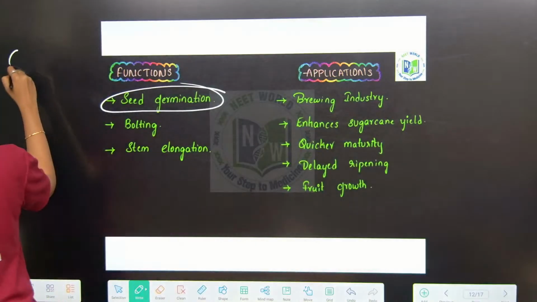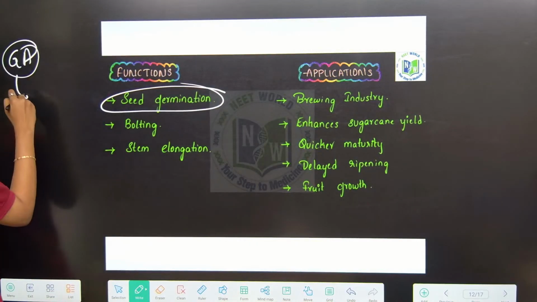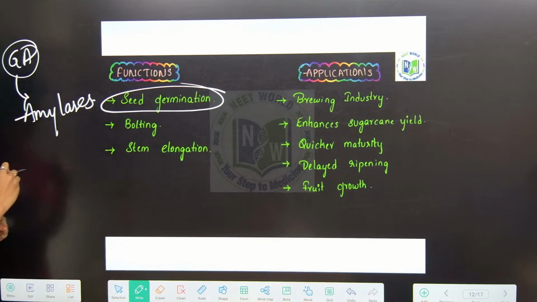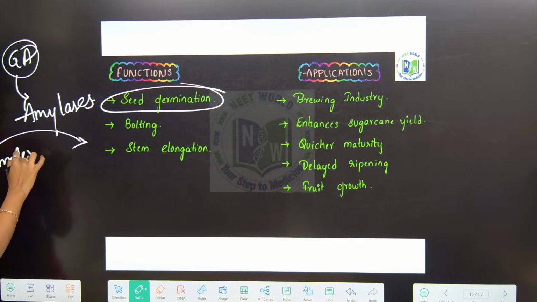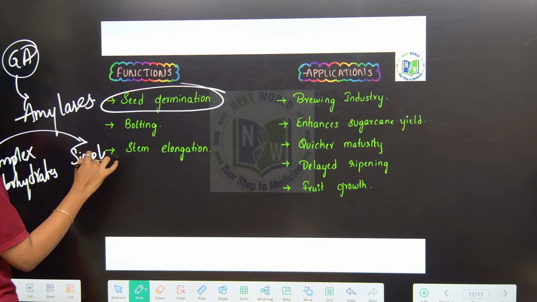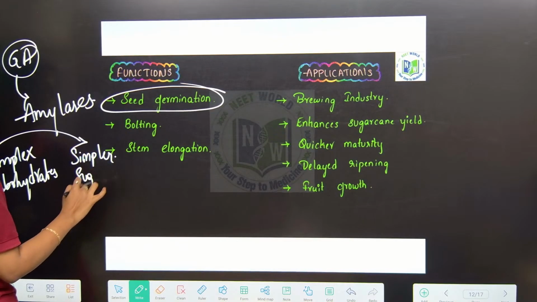So gibberellic acid will help in the release of amylases. These amylases will digest complex starch or complex carbohydrates into simpler carbs or simpler sugars.